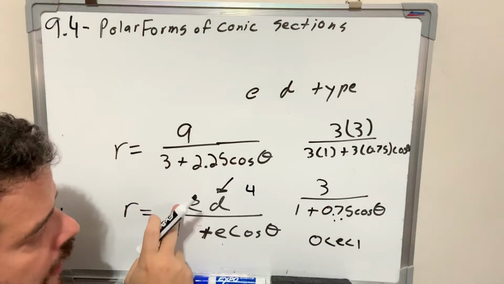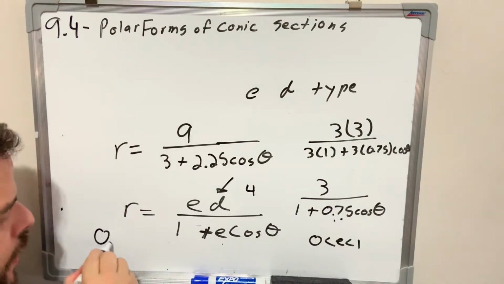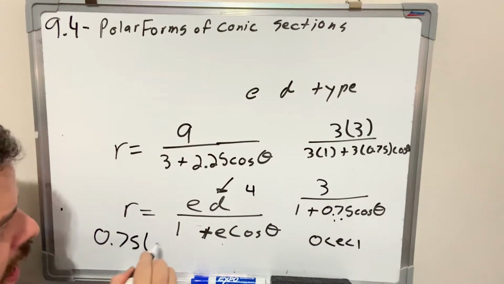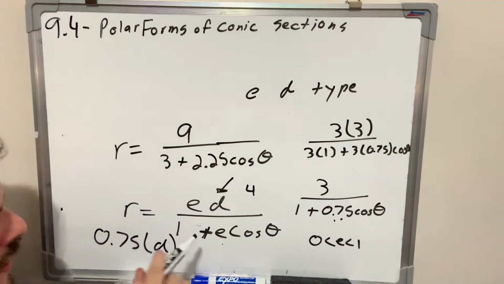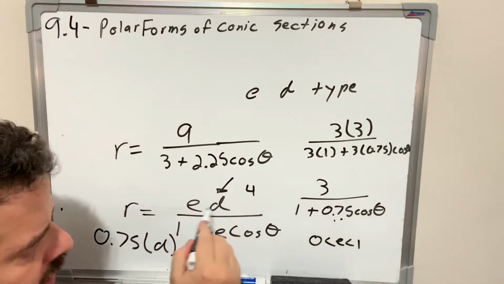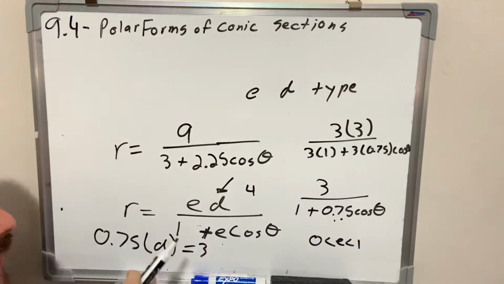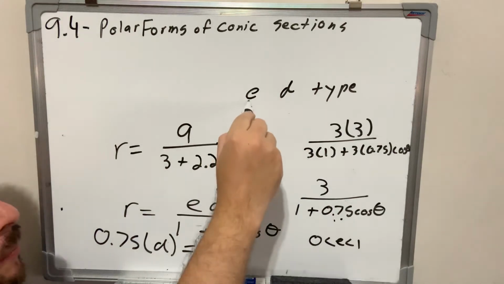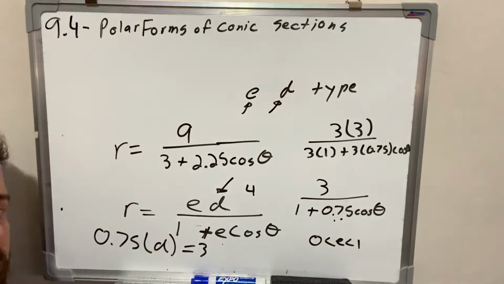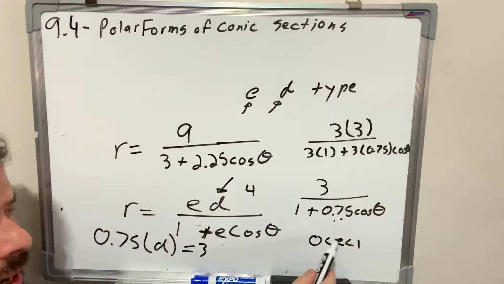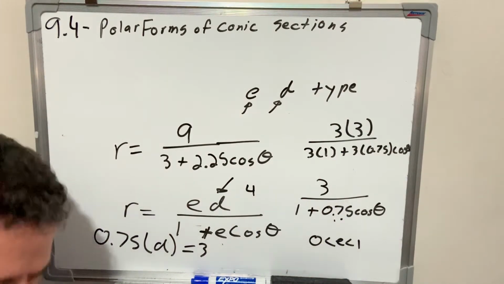Again, E is 0.75 and I have to find my D. Since this multiplication is equal to 3, I know that my D is 4. And that's it. I found my E, 0.75. I found my D, the number 4, and I found my type, an ellipse, because E is between 0 and 1.